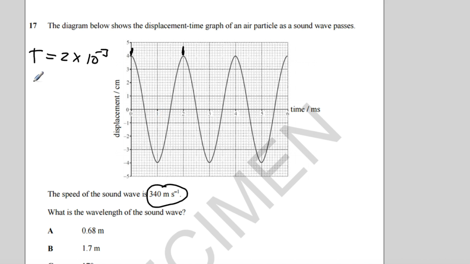We should know that the frequency of a wave is 1 over the time period, and 1 over the time period here gives us 0.5 times 10 to the 3.